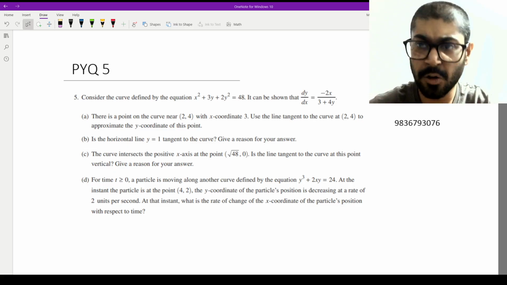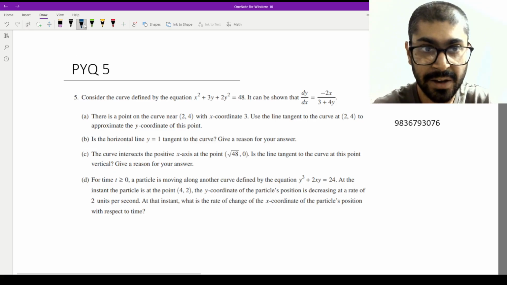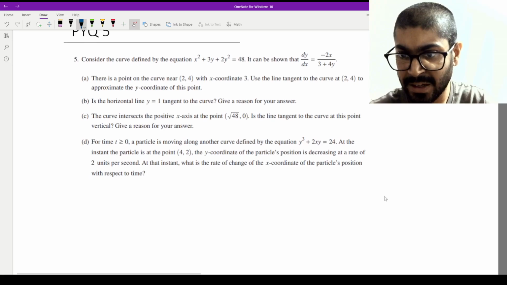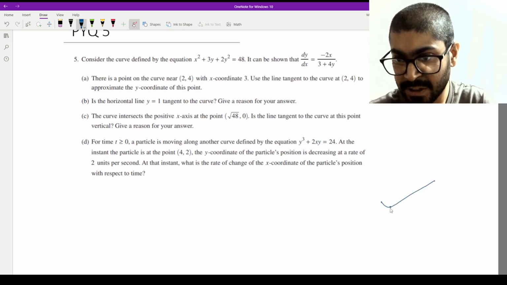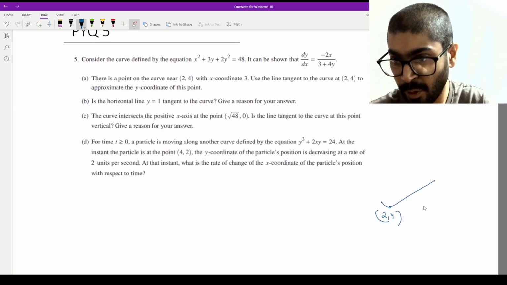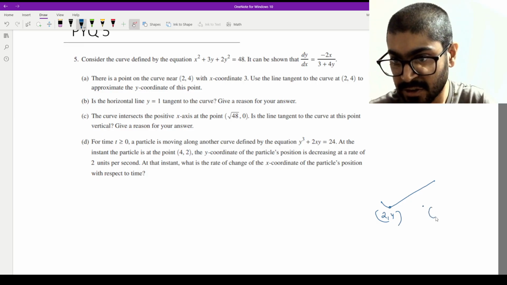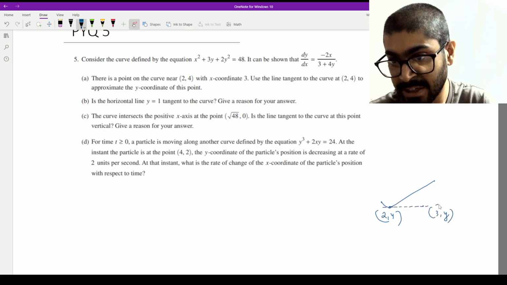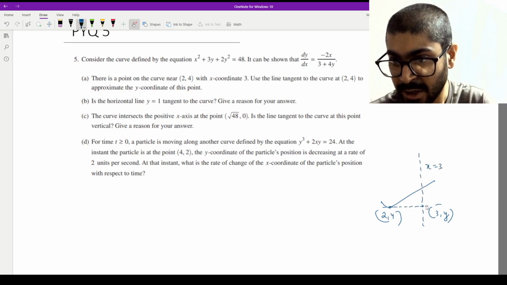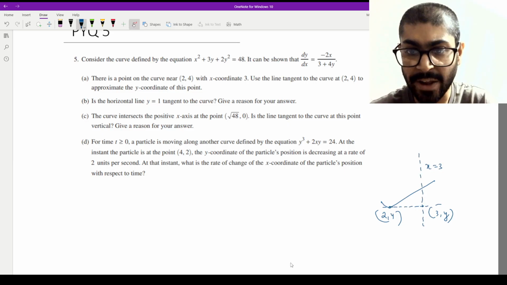All right, so it will look something like this. If I can give you a rough sketch. So basically this might be a portion of the curve. This might be (2, 4) and you have another point at x equal to 3. This is (3, y), and it is said that you approximate using the tangent here, and based on this x equal to 3 line you find the intersection to understand the y coordinate of the point.